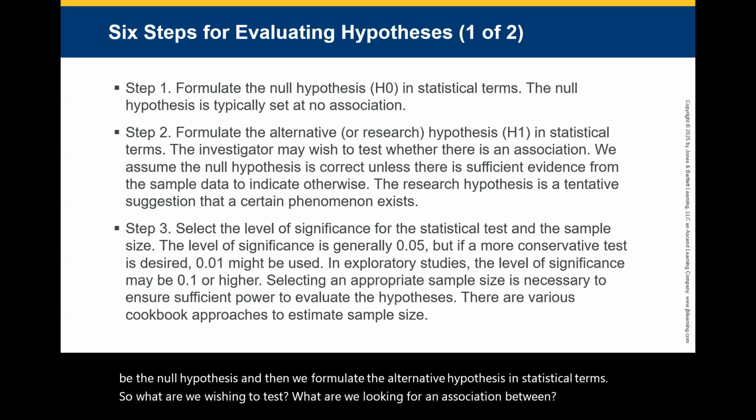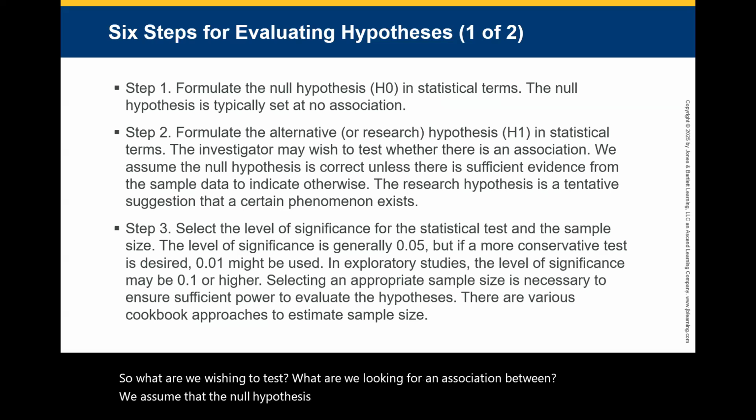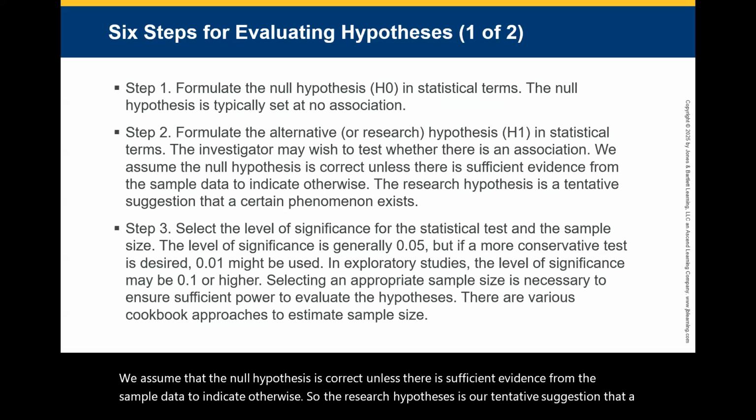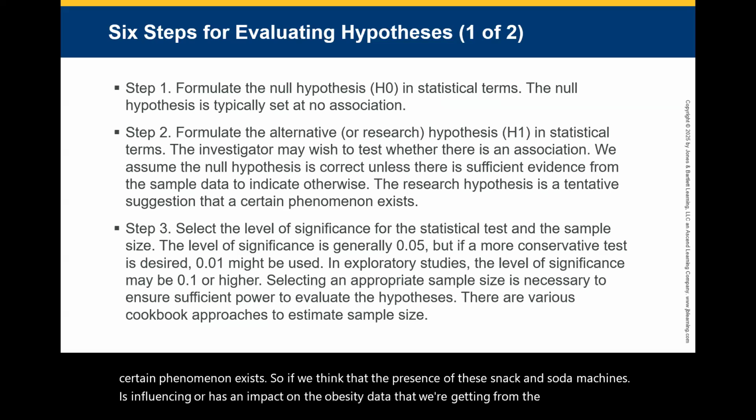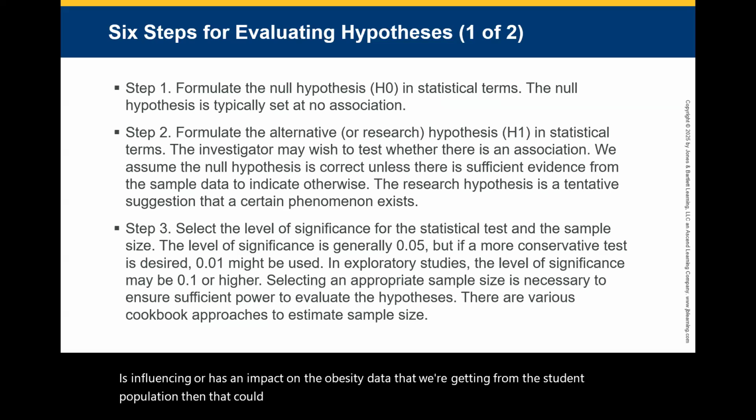We assume that the null hypothesis is correct unless there is sufficient evidence from the sample data to indicate otherwise. So the research hypothesis is our tentative suggestion that a certain phenomenon exists. So if we think that the presence of these snack and soda machines is influencing or has an impact on the obesity data that we're getting from the student population, then that could be our research or alternative hypothesis, that there's an association that exists between those two variables.